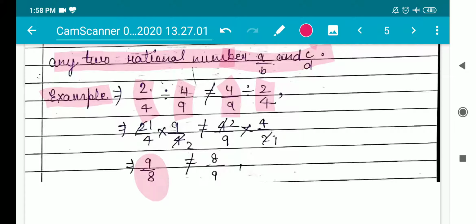LHS is equal to 9/8. Now we will solve the right hand side equation, that is 4/9 ÷ 2/4. So 4/9 into the reciprocal of 2/4, that is 4/2, and I got the result 8/9 as my RHS. So the RHS is not equal to LHS.